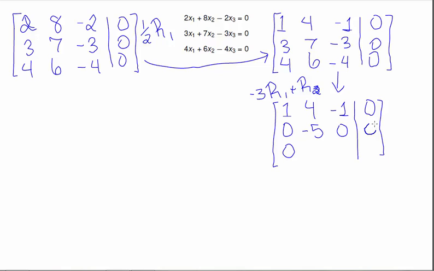And 0 plus 0 is 0. To get the second one, we'll do -4 times row 1 plus row 3. Negative 4 plus 4 is 0. Negative 16 plus 6 is negative 10. 4 minus 4 is 0, and 0 plus 0 is 0.